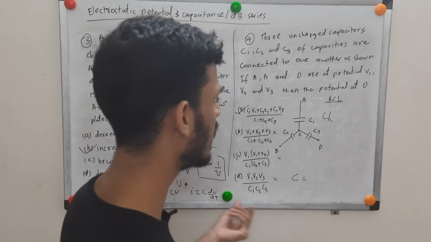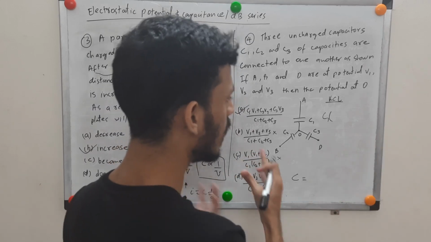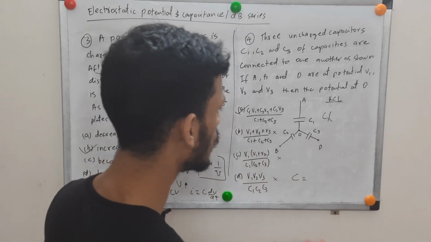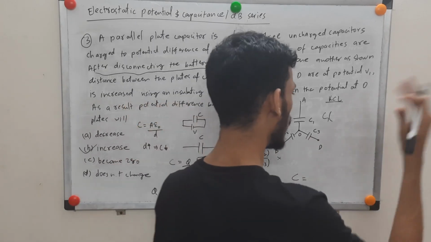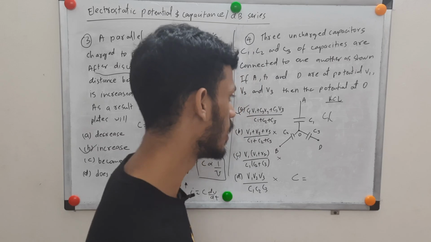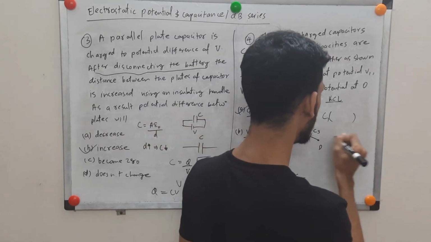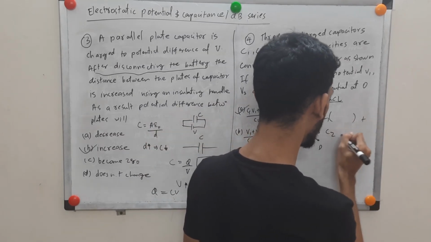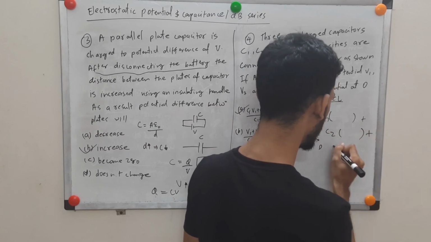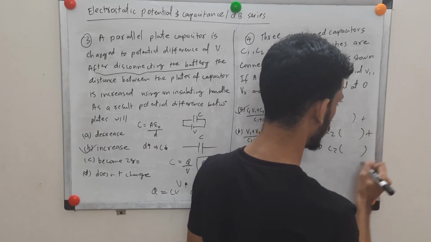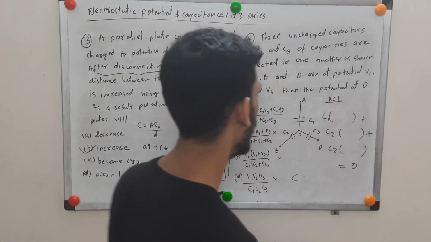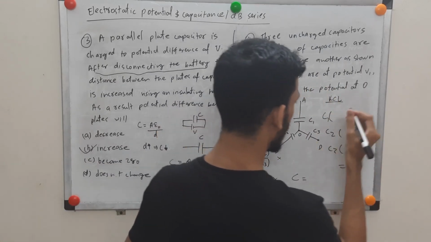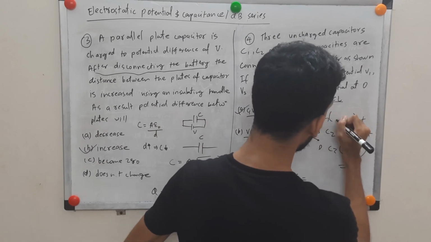So dV by dt. dt is anyways, if we bring it to the other side, it will be 0, right? So we'll just see the differences in voltage. So C1 difference in voltage, C2 difference in voltage, C3 difference in voltage. Okay. Now this common point is treated as the hero, so it will appear everywhere.